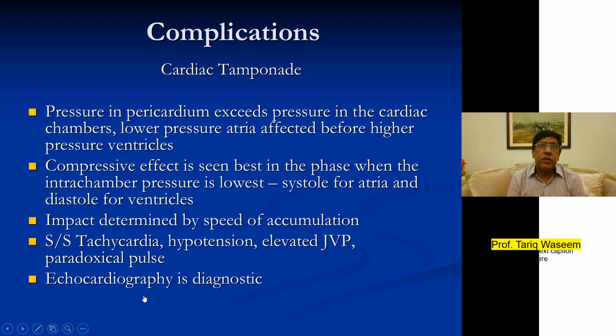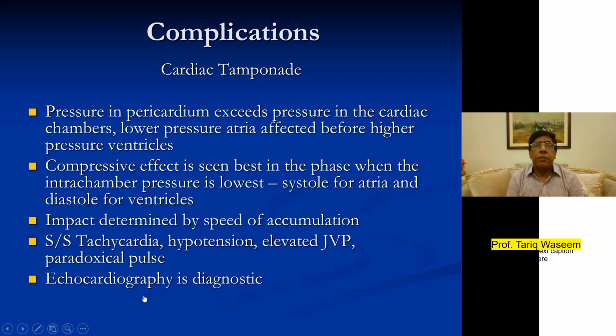The complications of this pericardial effusion can be the development of cardiac tamponade. What we mean by tamponade is that the presence of fluid in the pericardial cavity exerts so much pressure onto the cardiac chambers that the pressure in the pericardium exceeds the pressure in the ventricles, so that the ventricle cannot be filled properly during diastole.